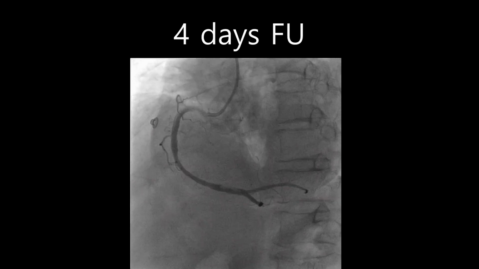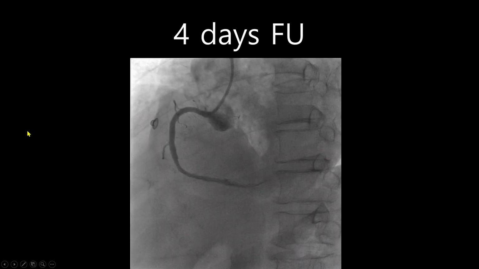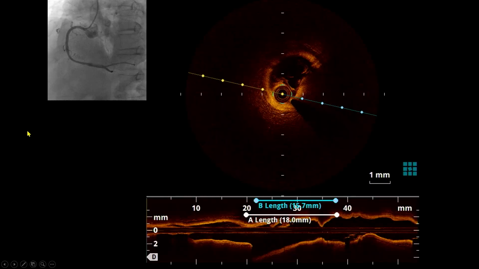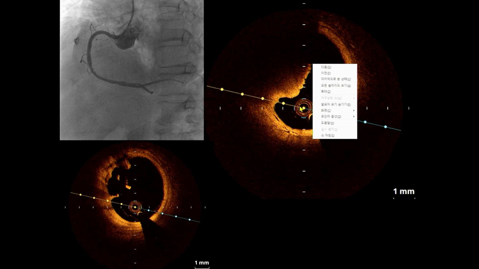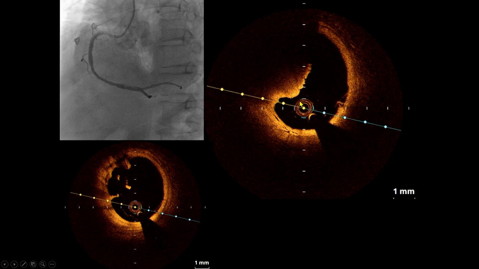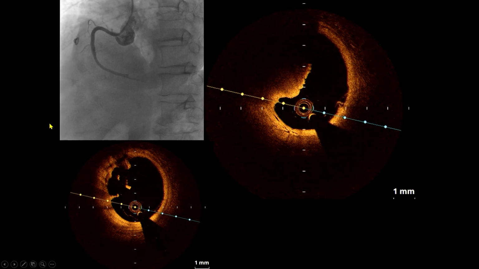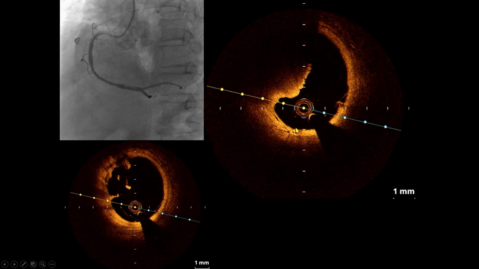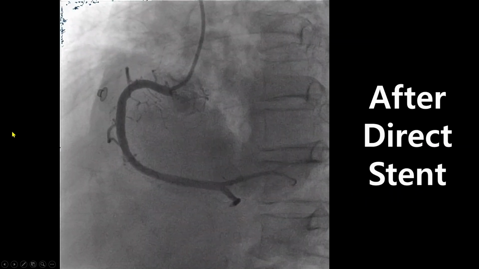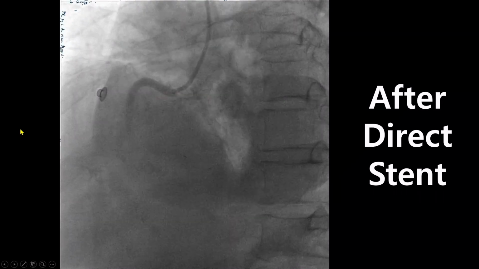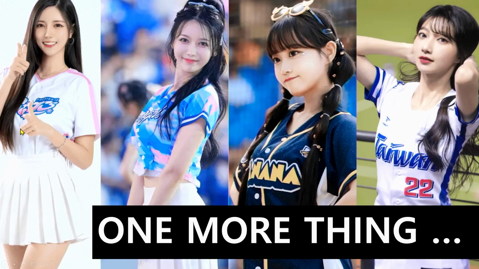After 4 days of follow-up, there was still some haziness for this patient. So we did OCT for this patient, and we can see there's a big thrombus still existing in this part. So after the IVUS OCT, we deferred the stenting for this patient, so we can get a better result and use OCT to follow up.